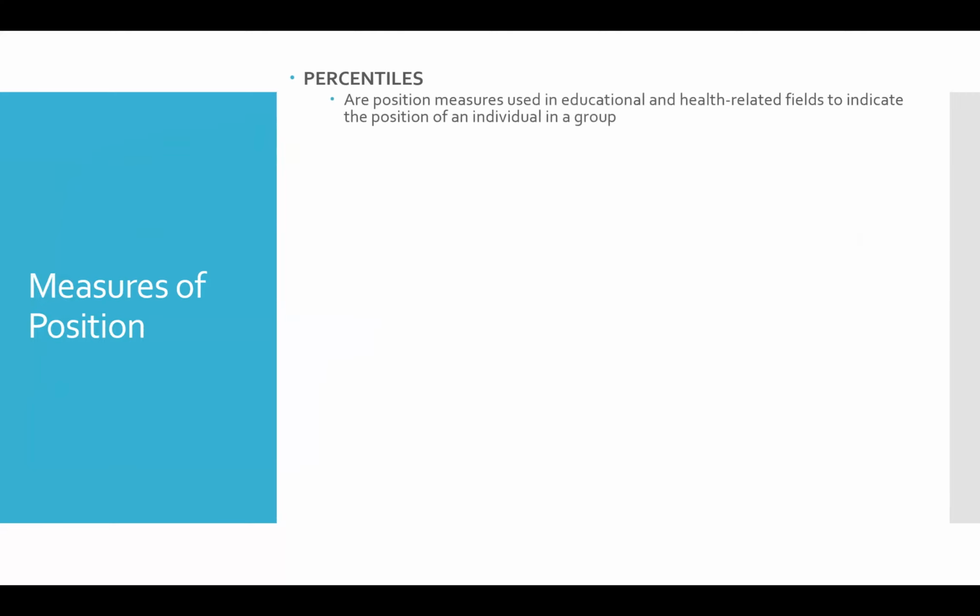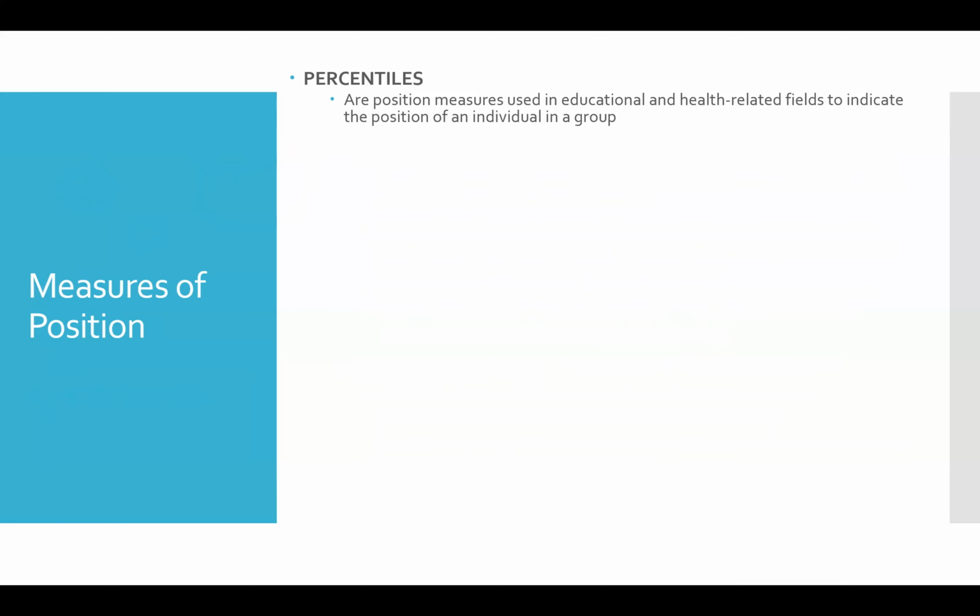Then we have the measures of position. Measures of position, there are primarily two. We have a subcategory, so within that subcategory, we really wind up with three. You have percentiles. Percentiles are used a lot, especially in the education field and in health-related fields.